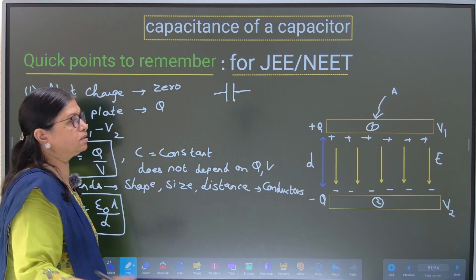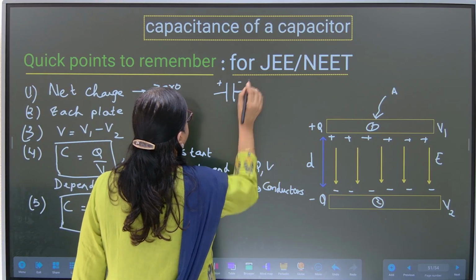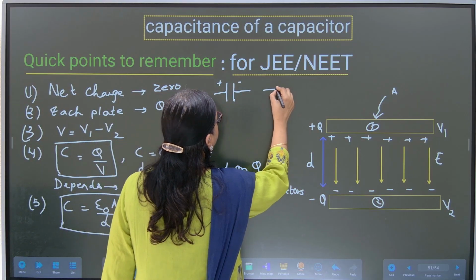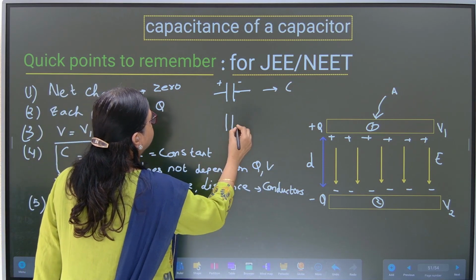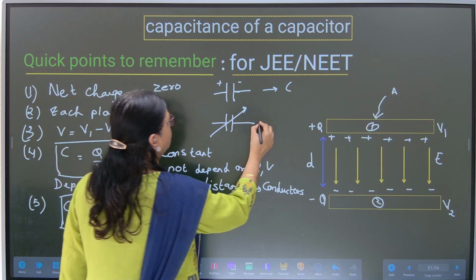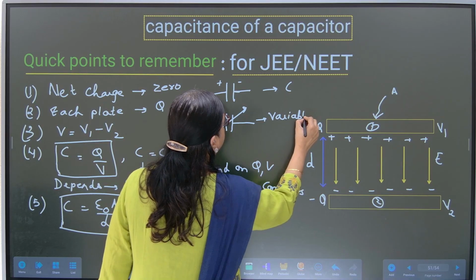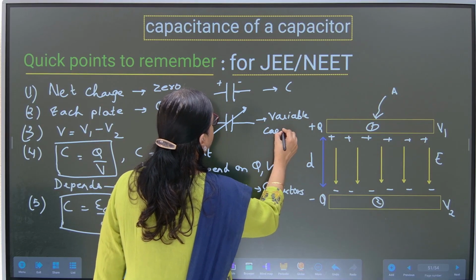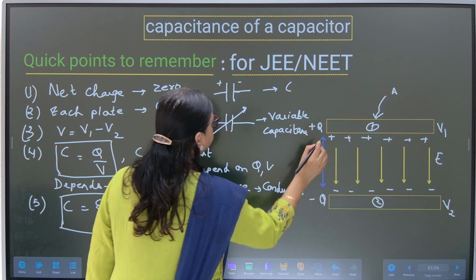Then some more points to remember is how to denote a capacitor in a circuit. This is for a constant capacitance C. If I have a variable capacitance, then I show one arrow on it. These all are quick points to remember at a glance.